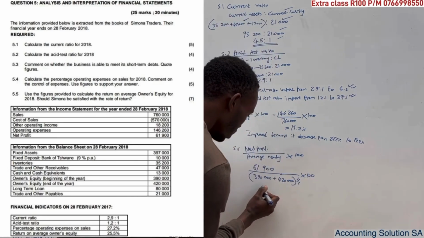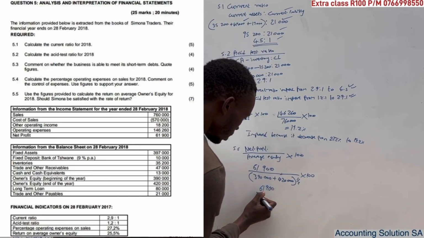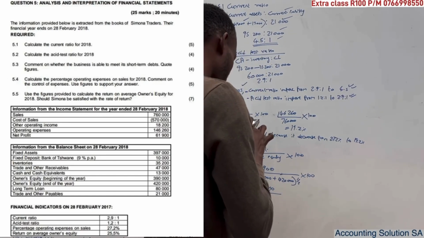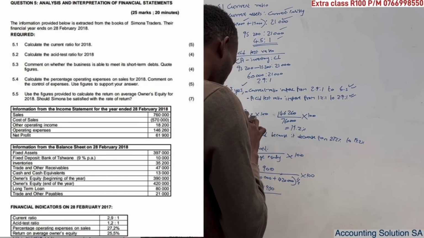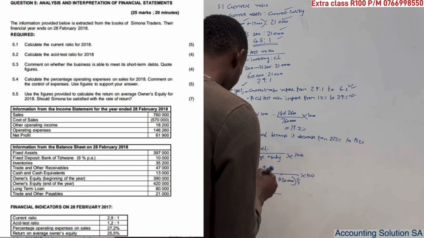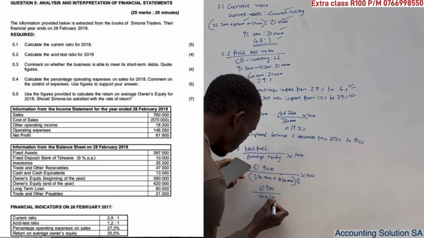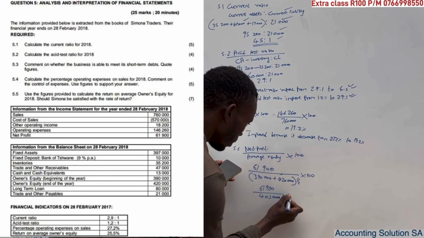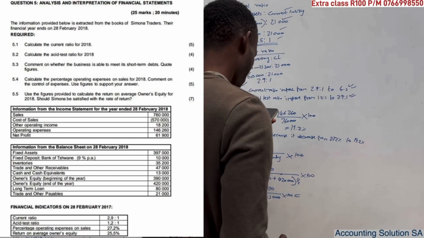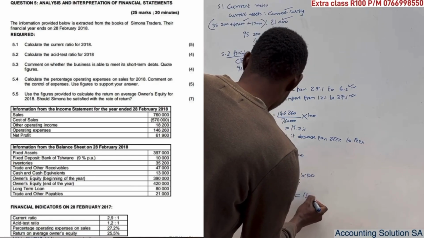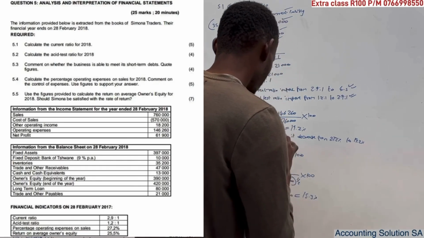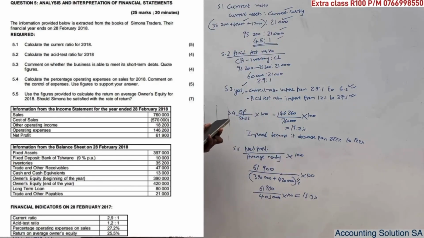Okay, then it's going to be 61,900 over the average of 405,000 multiplied by 100. Then it's going to give us 15.3%.